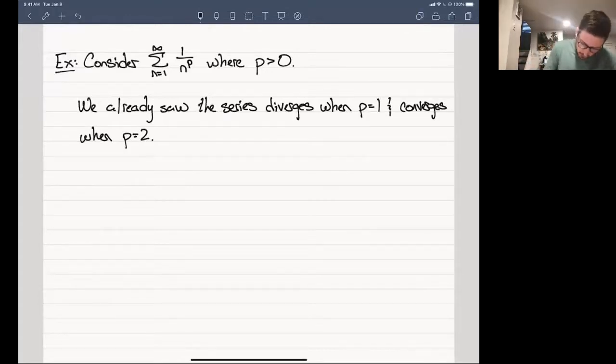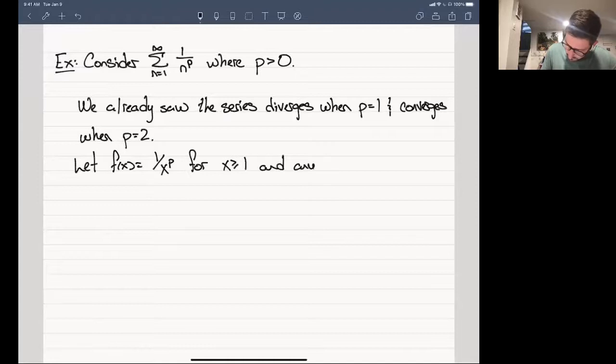Okay, so let's let f of x equal 1 over x to the power of p for x greater than or equal to 1 and any p greater than 0. Well, we did this previously.